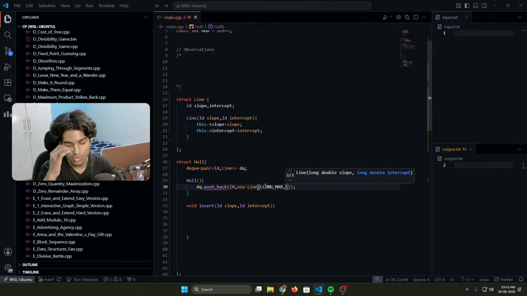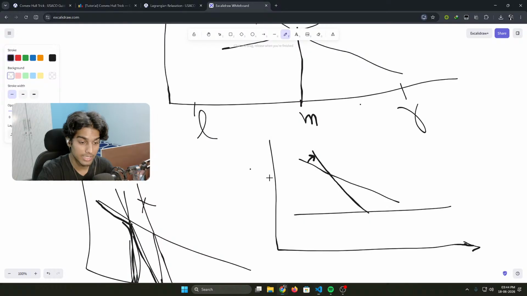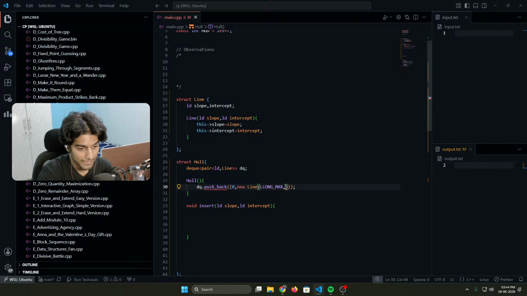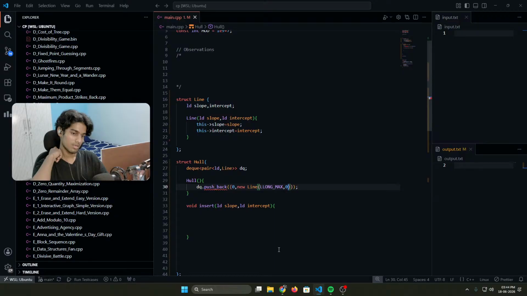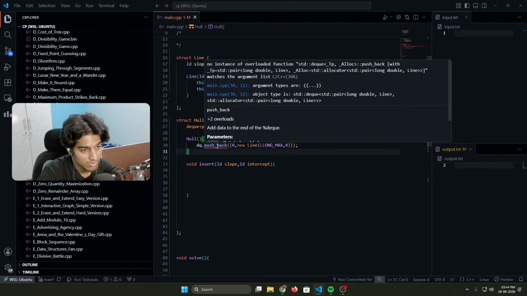We can assume values are not greater than 10 to the power 18. And intercept we can take as 0, right? So we can take a line here. What's the issue?